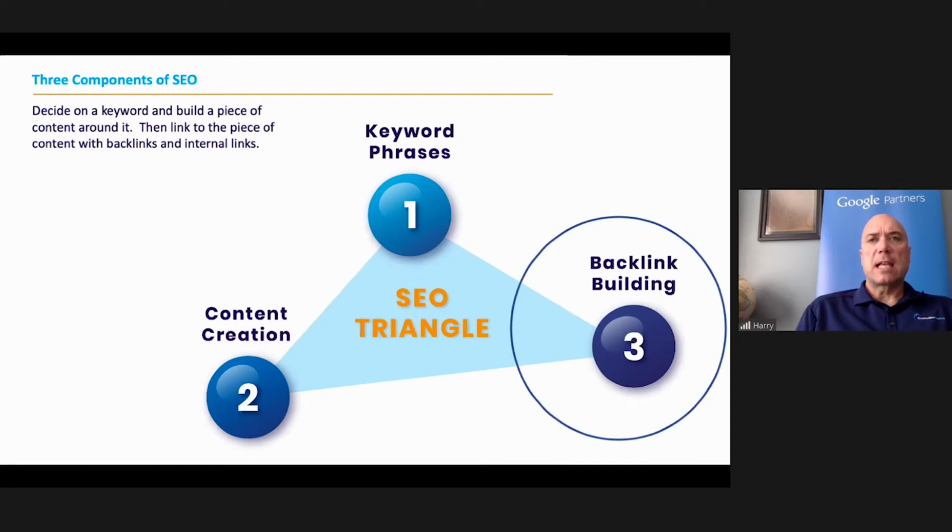And those links can come from other sites out there on the web, or links from inside your own website. And by doing those three things, picking a key phrase, getting a piece of content, and then pointing links to it, that page will then become more important for those key phrases to Google and show up in search engines for it. That's the whole process of SEO. A much simplified description of it, but in its bare bones, that's how it works.